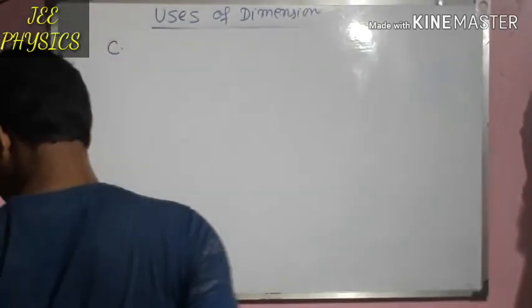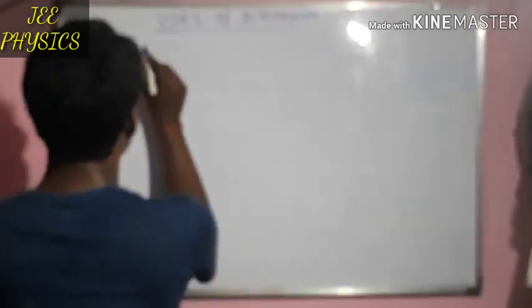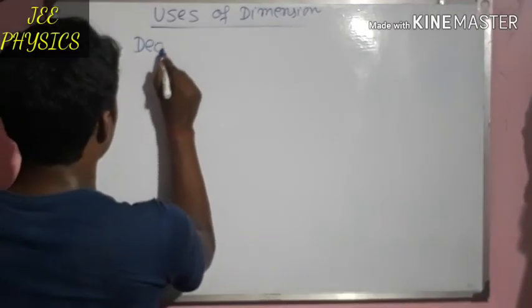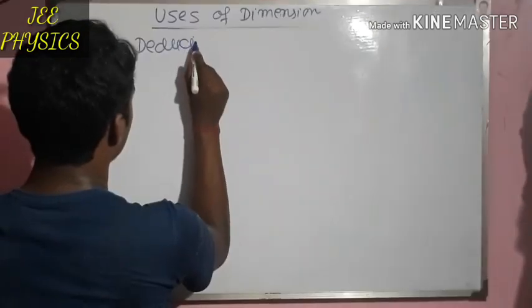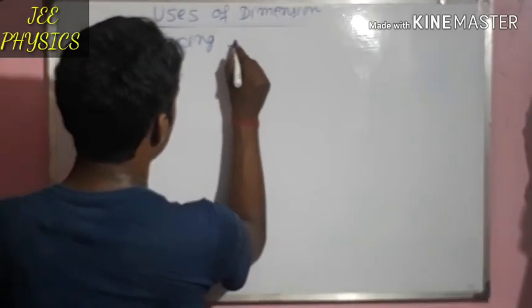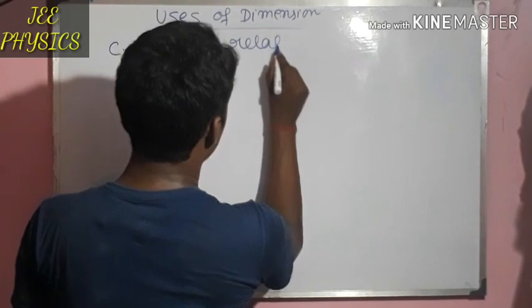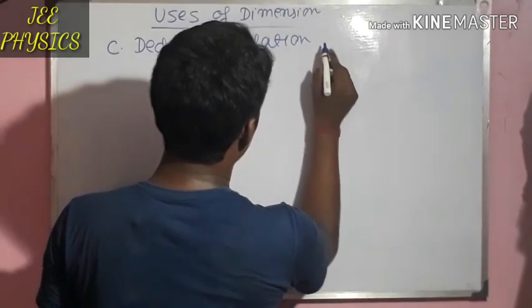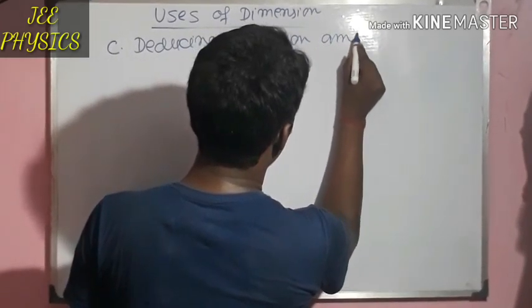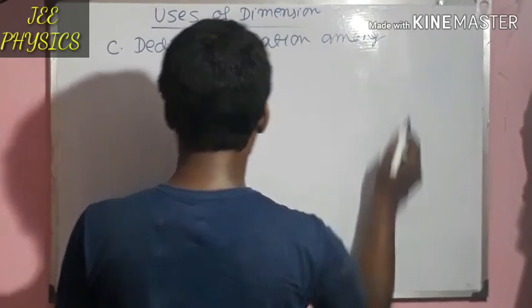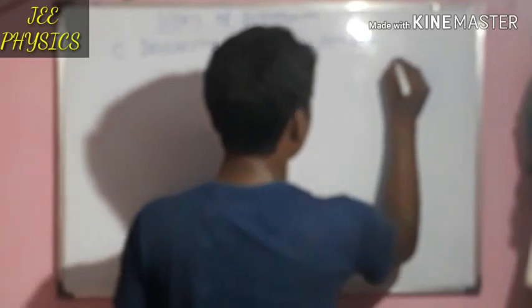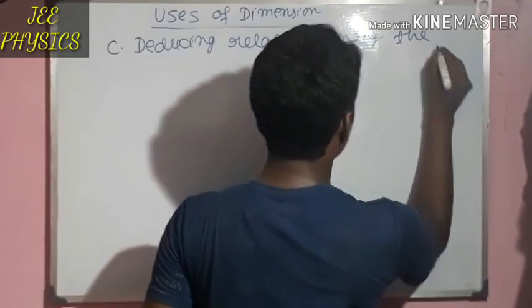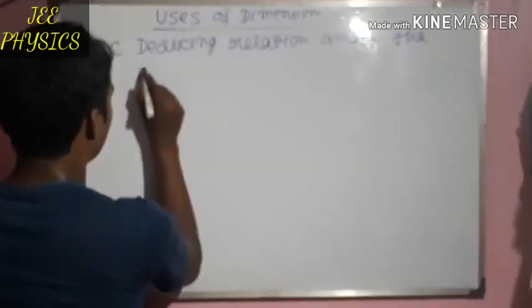Application number 3, that is C, deducing relation among physical quantities.